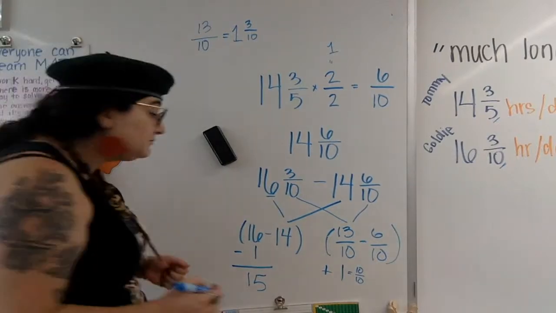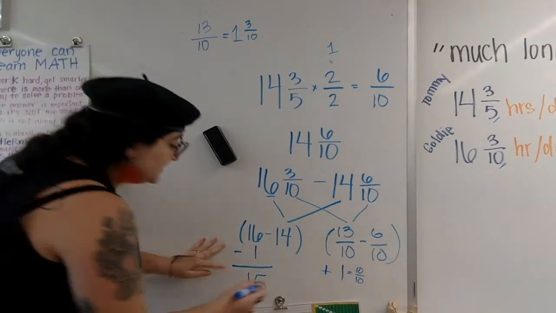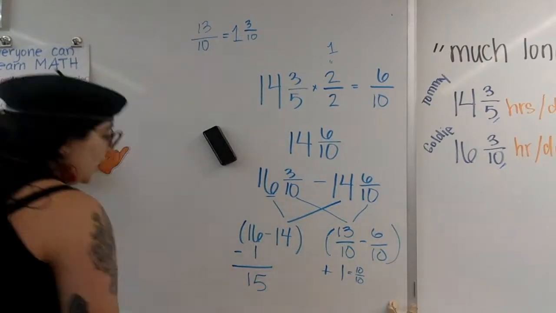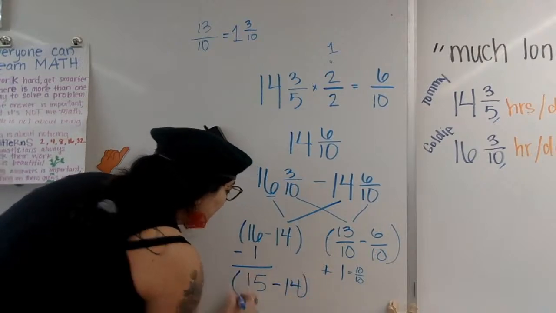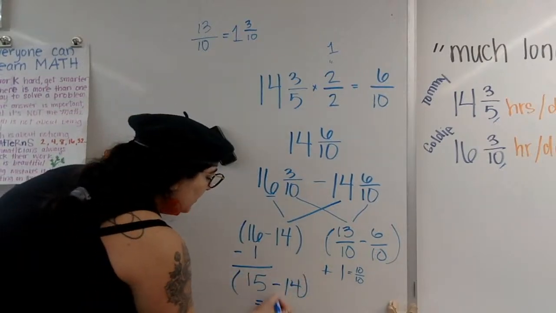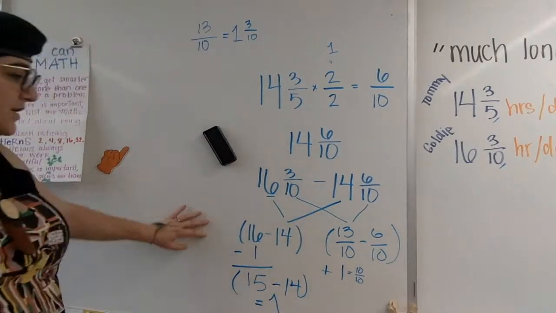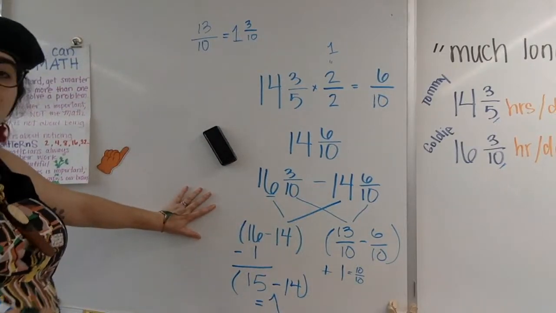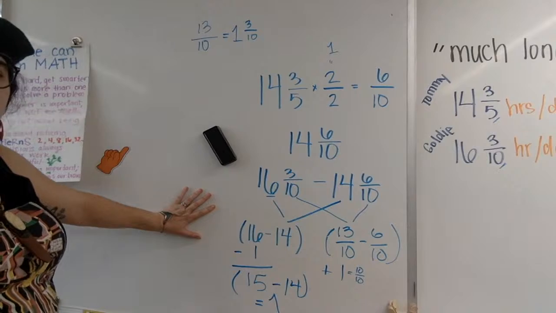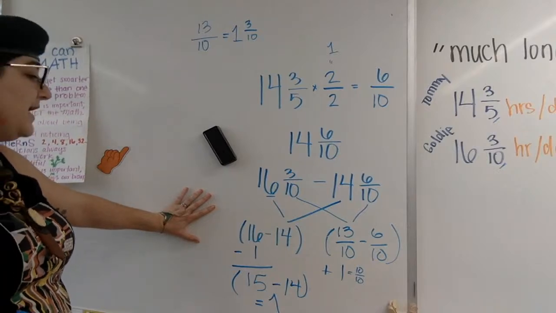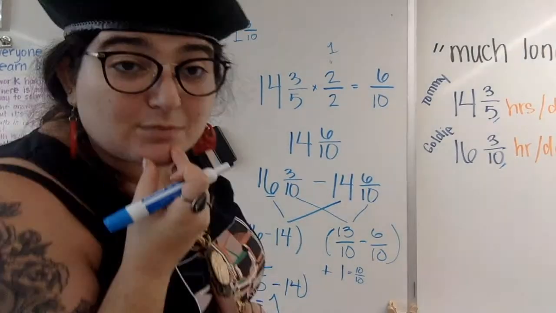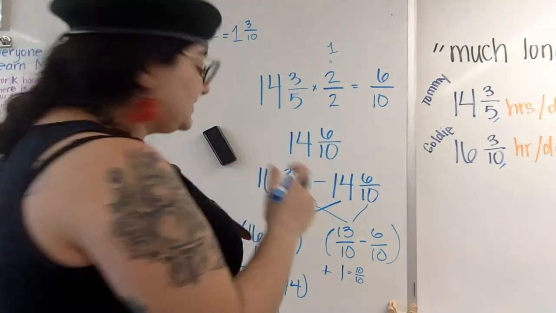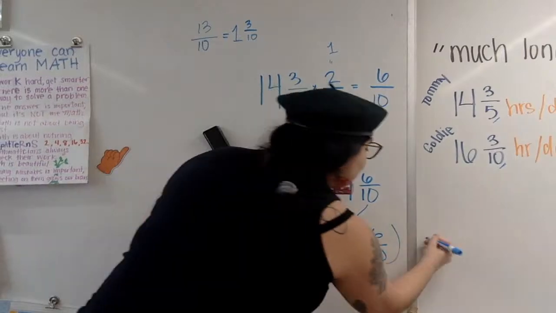And if I want to make sure that this is accurately shown, I'm going to write this like that. 15 minus 4 equals 11. What is 13 minus 6? 13 minus 6. Some quick math. 13 minus 6 is 7/10.